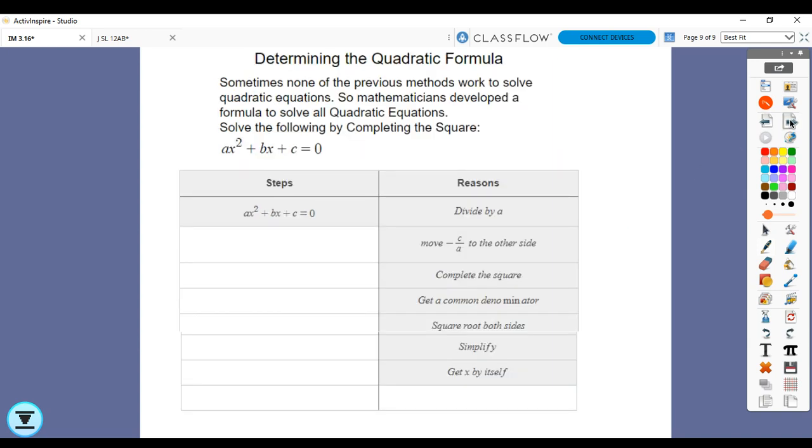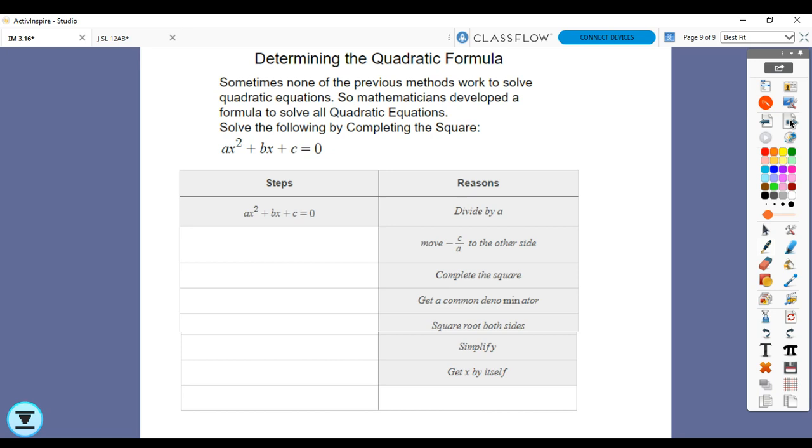All right, so what this last slide, the last flip chart, shows is how we find our final method for solving quadratics. There are times that you can't use square roots, it's not factorable, and completing the square is just not nice.